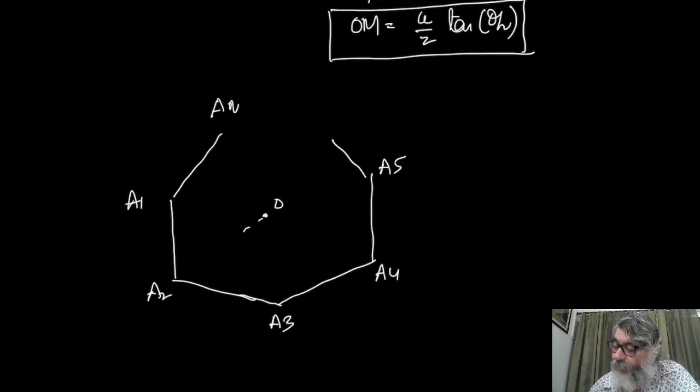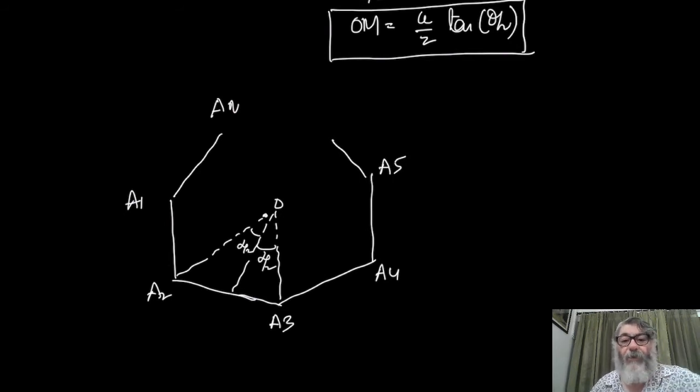From O, if I join this to this, and drop a perpendicular here, and take this angle as alpha by 2, so obviously it will also be alpha by 2. And this obviously is A by 2 and A by 2. Now in the previous figure, I had taken the interior angle of the polygon.